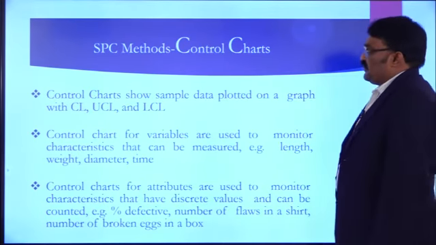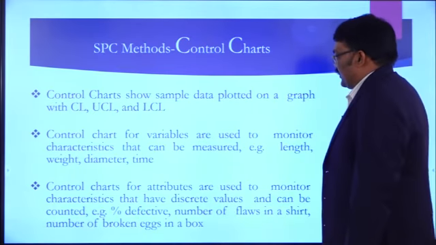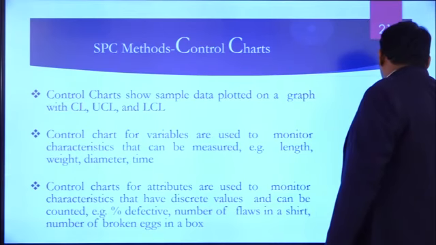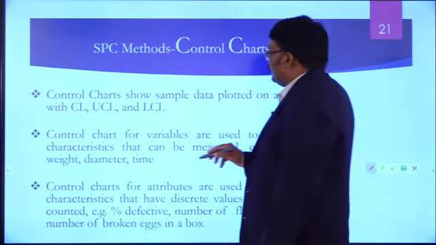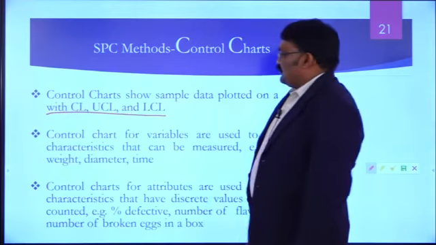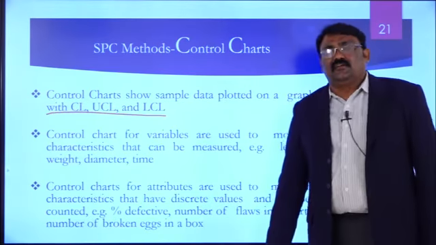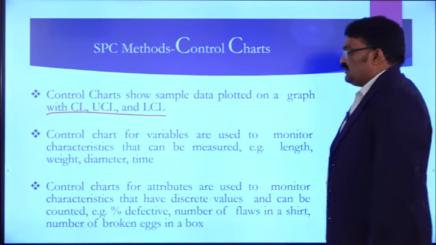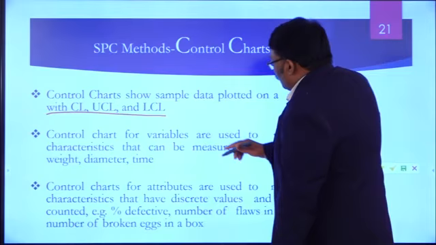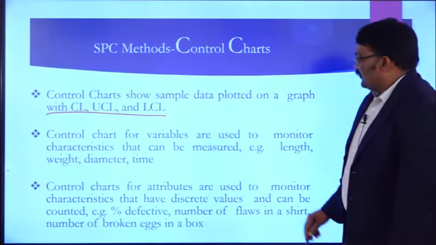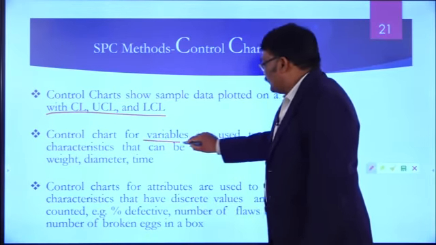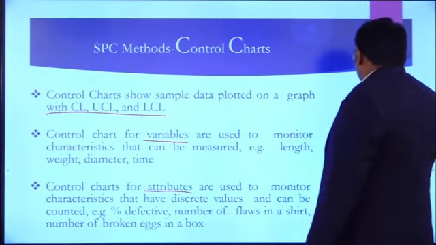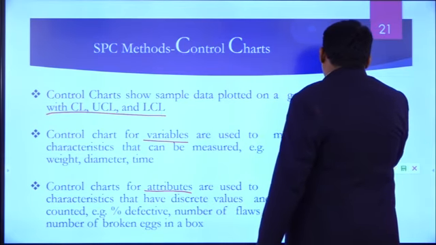Now, the statistical process control methods and the control charts. Control charts are applied using three limits: the central limit, upper control limit and lower control limit, by which we draw the diagrammatic representation. There are two types of control chart: control chart for variables and control chart for attributes.